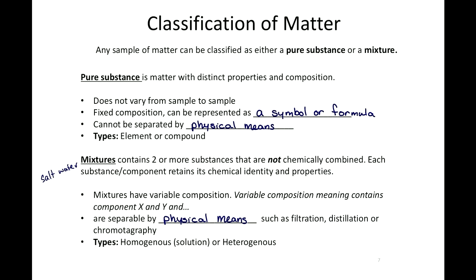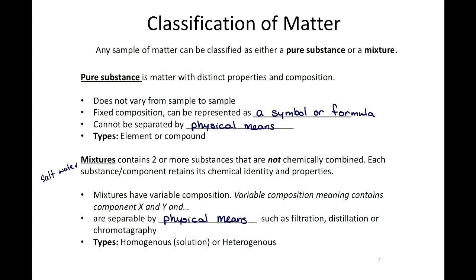And so another detail with mixtures is that, since those two components are not chemically combined, we can separate them. We can separate them with physical means. So if I gave you the task of separating salt water, do you think you could do it? Yeah, how would you do it? Someone.